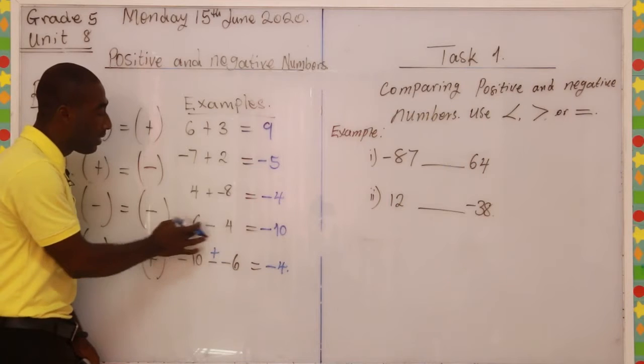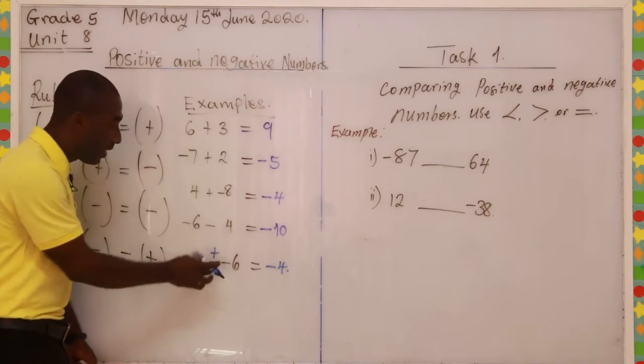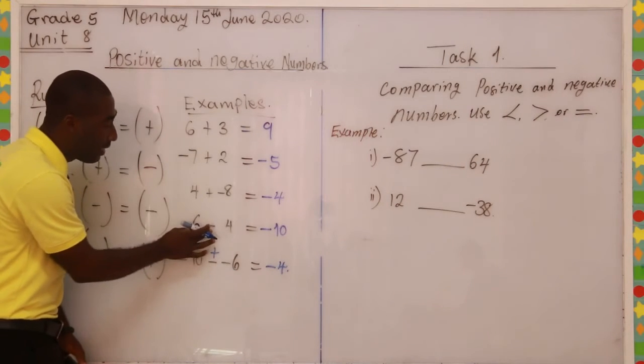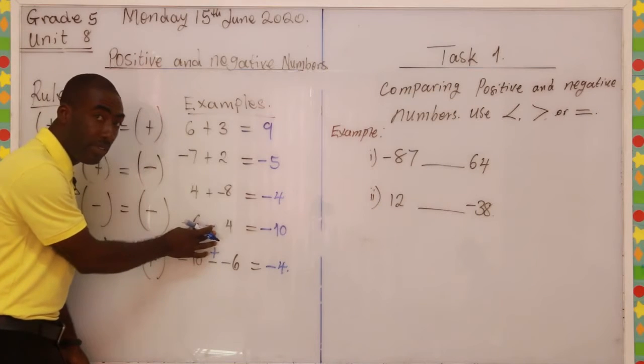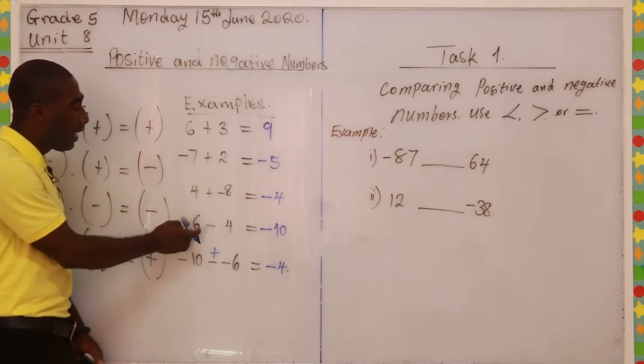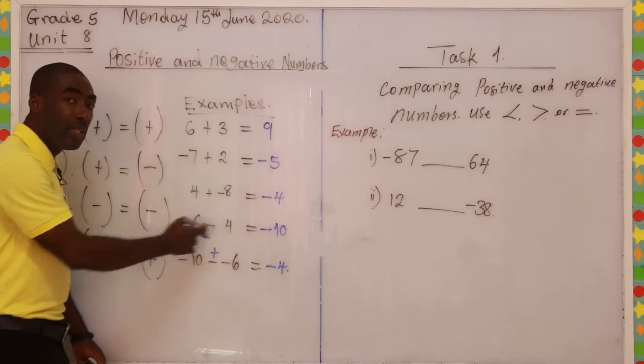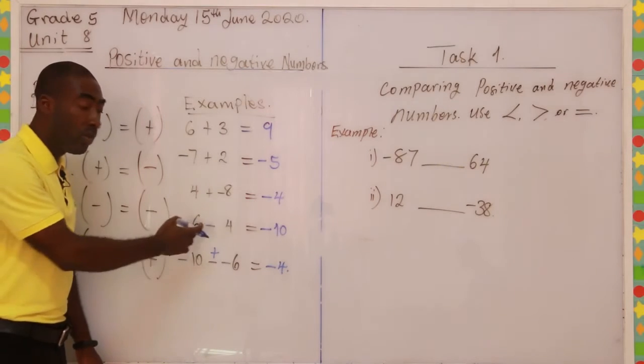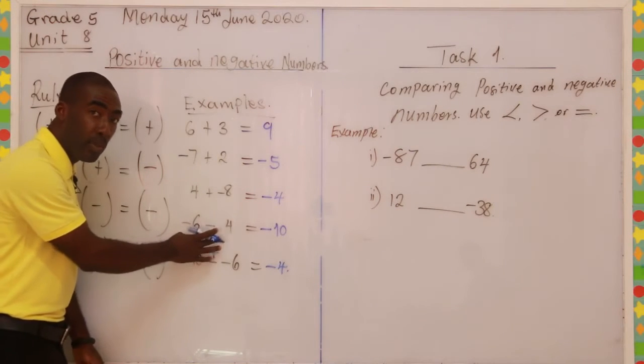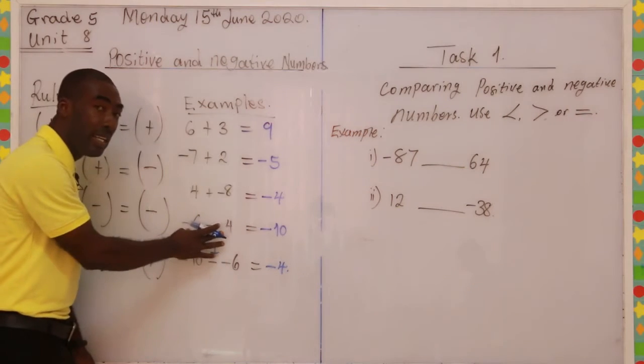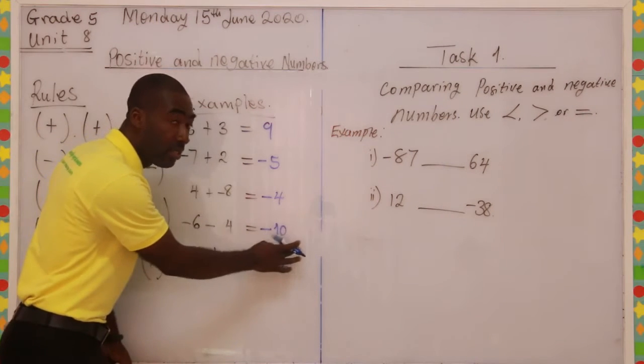Here the negative stands at different points, but here they come together. This does not change to be positive because the negative is at the opposite positions of the numbers, so it cannot change to be positive. It stands to be negative, so your answer still becomes negative.